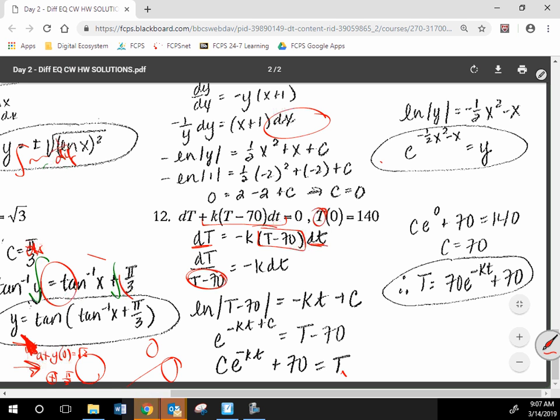So now when I go to do my integral, this should say to you, hey, probably a natural log, but we do need to do a little mini u-sub. If I let u equal capital T minus 70, then du would be dT. So it ends up that it's just natural log of u, which would be T minus 70.